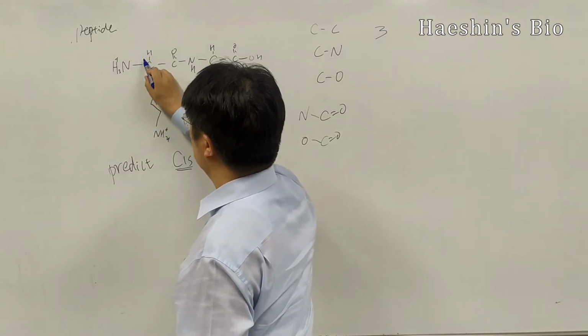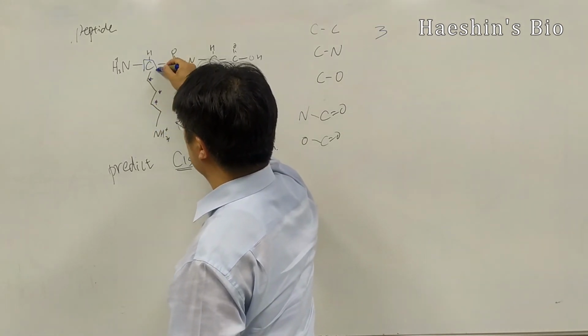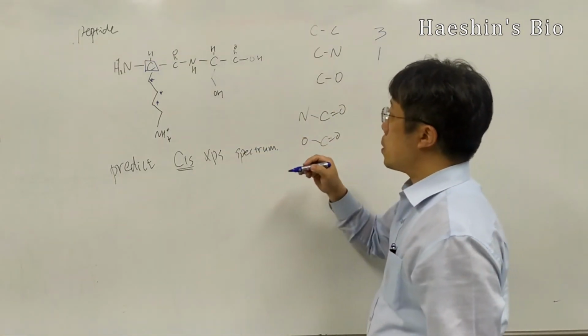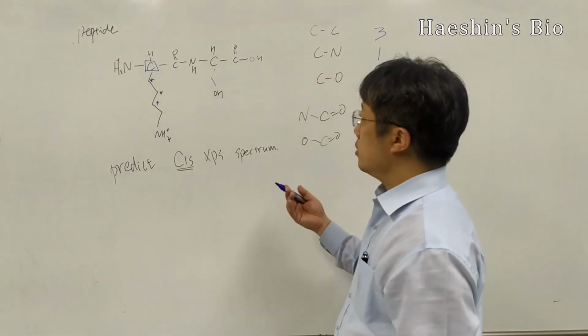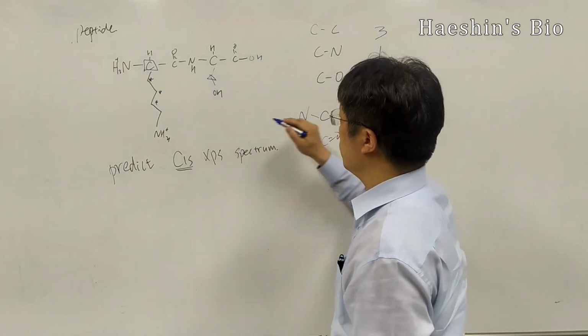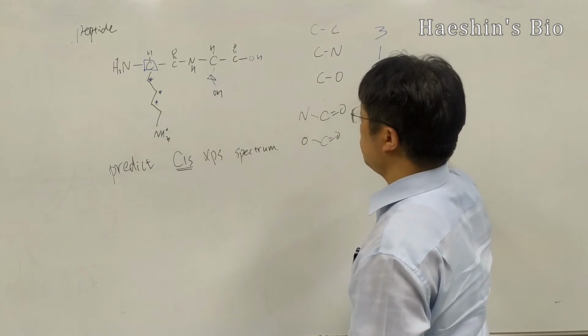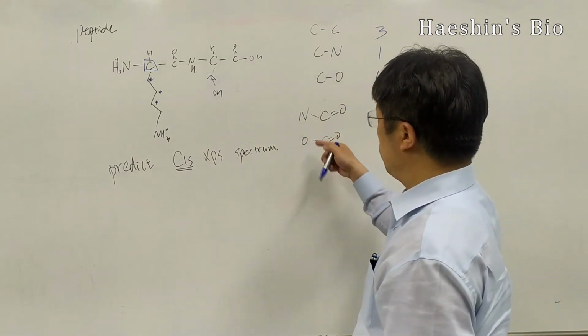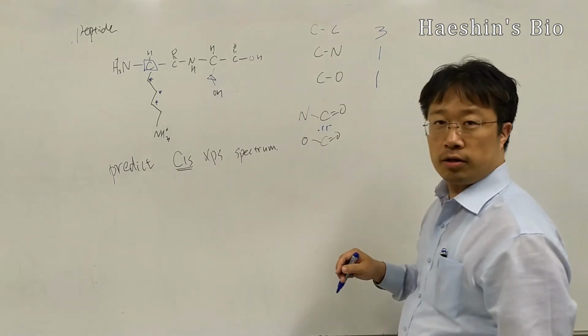This one is maybe CN that I'll draw this way. So this is 1. And this one is maybe CO. There are a lot of actually. This one is CON or COO. It is similar in chemical shift.